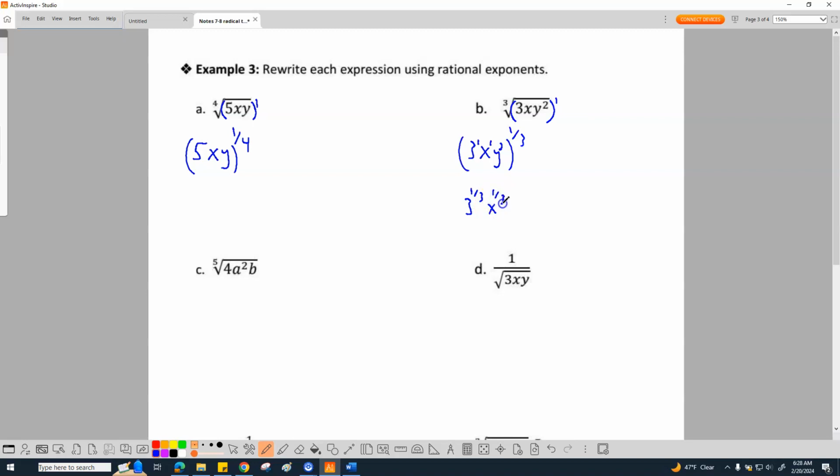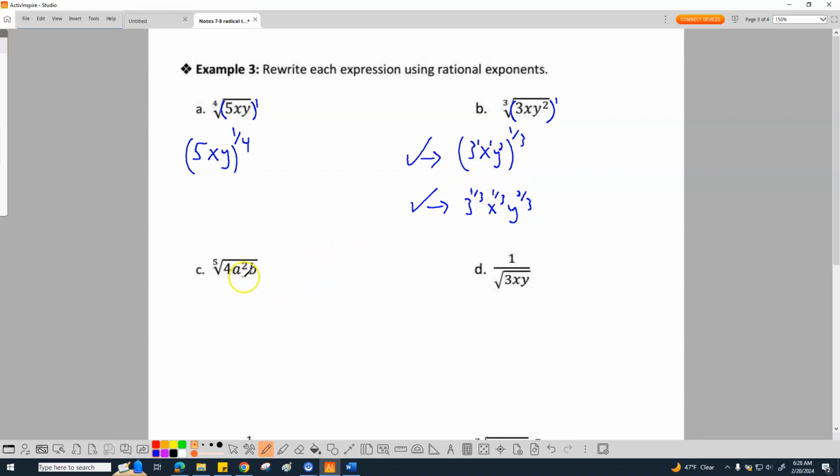So you end up with x to the 1/3. And then you'll notice 2 times 1/3 gives you 2/3, which gives you right there. So both of these are correct. This one is more expanded, I guess, but this one is the correct answer. Depending on instructions, depending on what we want from you, I want you to see that these are the same thing and see how I got there.